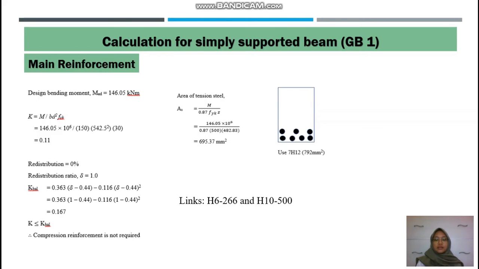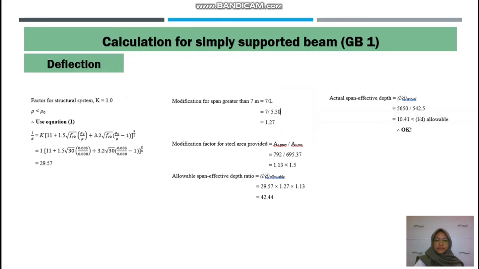Then from the area of tension steel, we can decide the number of bars used for the ground beam. For this design, we use 7H12, and the links for the beam are H6 and H10.